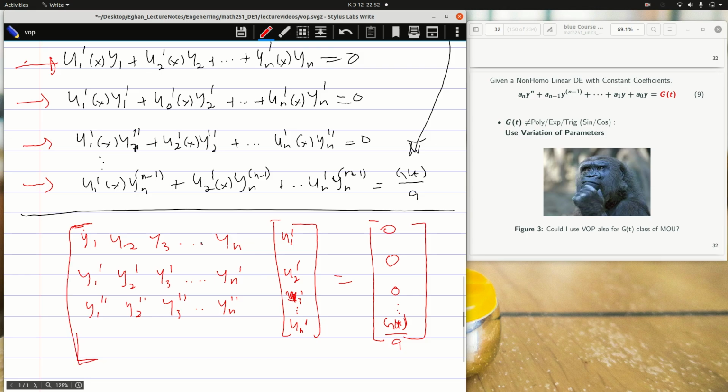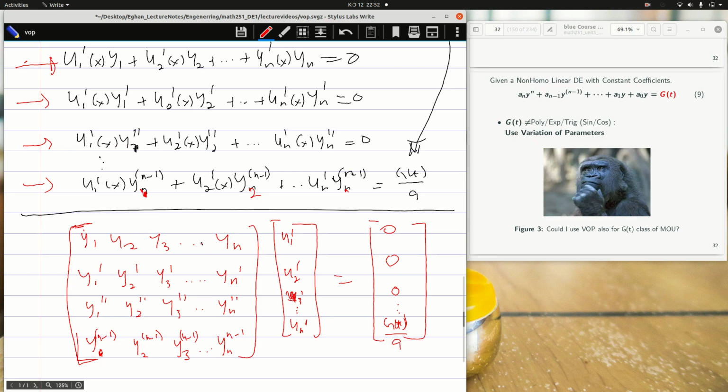The last one becomes y1 to the power n-1, y2 n-1, y3 n-1, through to yn n-1. And so I guess I have to do the correction here. So the subscript remains n. Yeah, that is now correct.